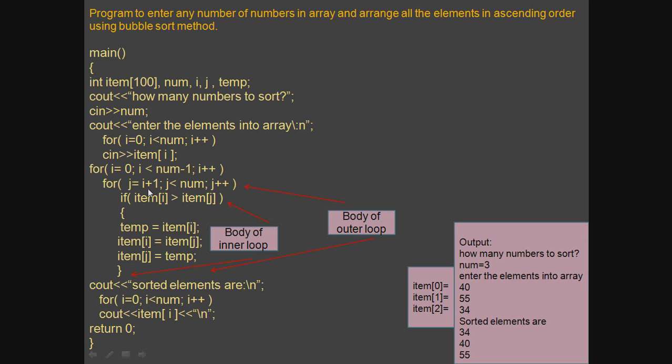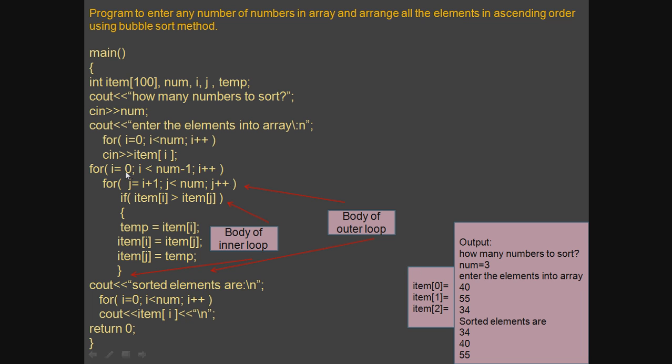Now we know that the array element index always starts with 0, but if you see in this output, the first array element stores the value 40, that is item i, item 0. After i gets incremented, item 1 will store 55, and then item 2 will store 34, item 3 will store a different number.